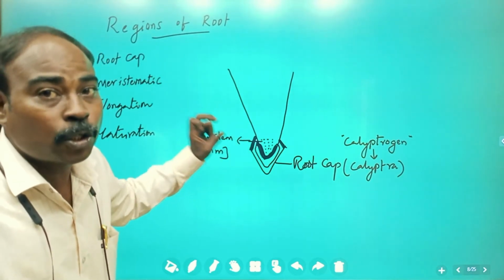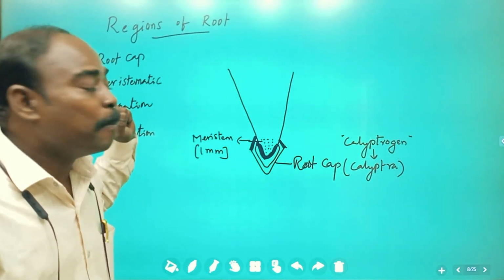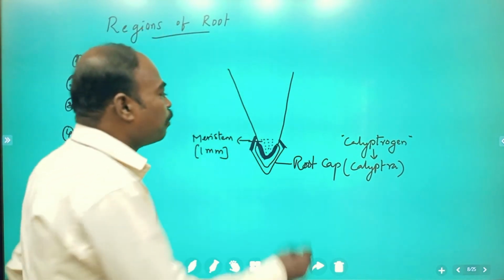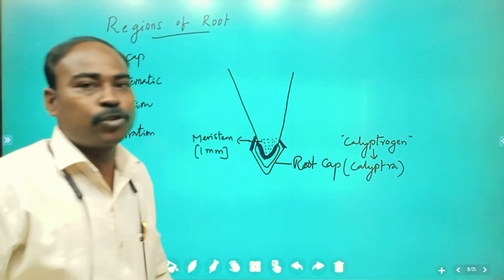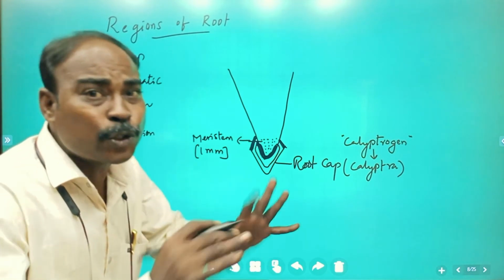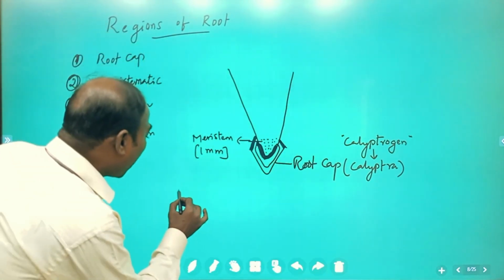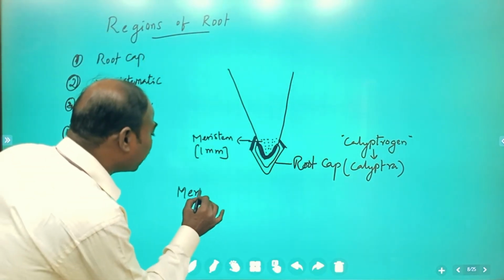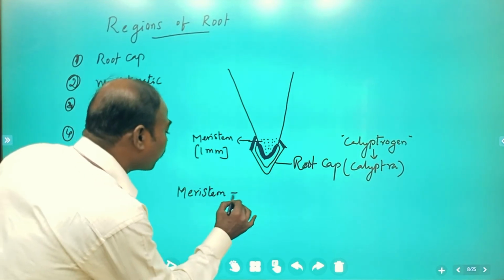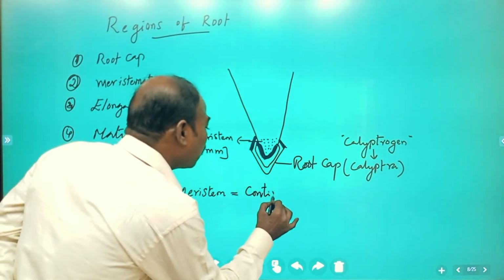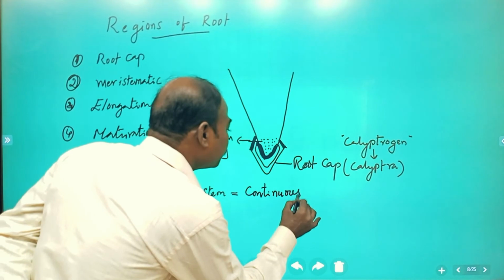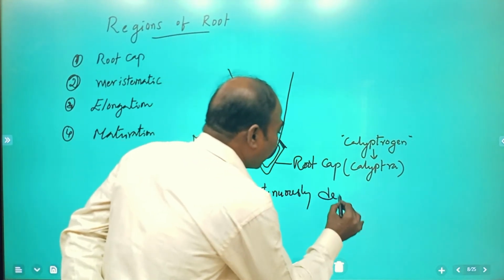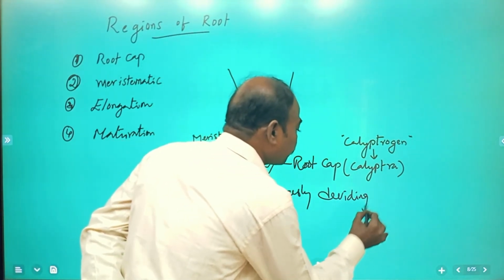That region or zone is said to be the meristematic zone. Very, very important: meristems or meristematic zone. Meristem means continuously dividing.